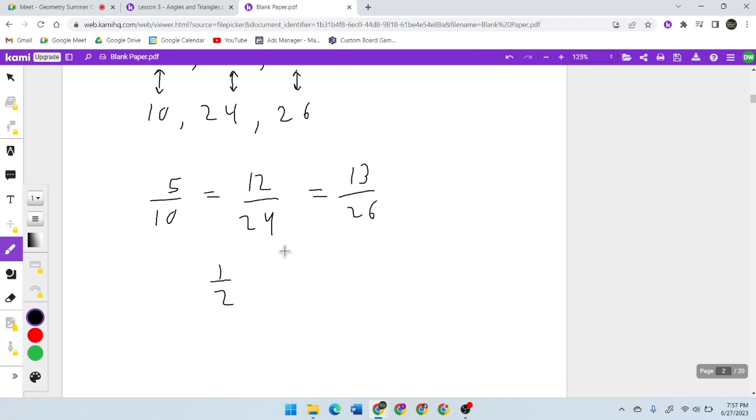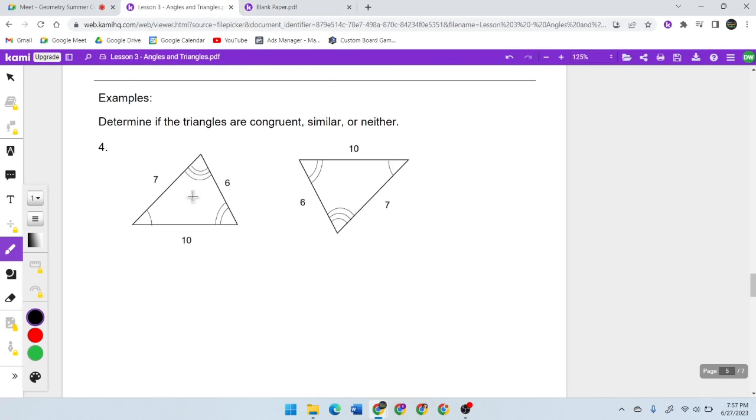And so now let's look at some examples of this. So for example number 4, determine if the triangles are congruent, similar, or neither. So for this one, as you can see, my side lengths are 7, 6, and 10. Over here, my side lengths are 7, 6, and 10, which means I don't even care about the angles.